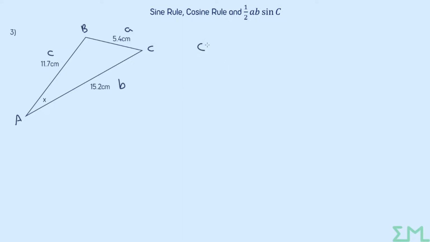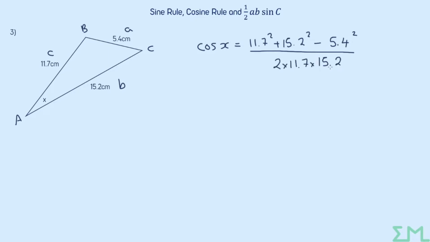So that's going to look like cos x. I do the 2 sides that are either side of my angle first, 11.7 squared plus 15.2 squared, and then I minus the side opposite my angle squared, 5.4 squared, all over 2 times 11.7 times 15.2.